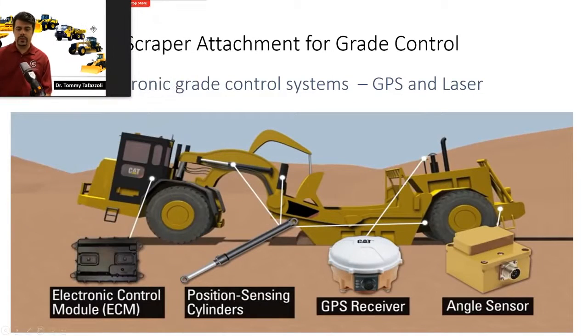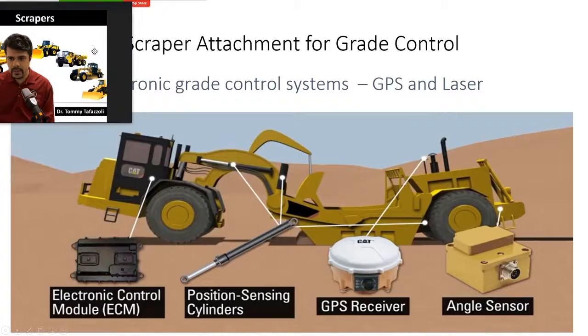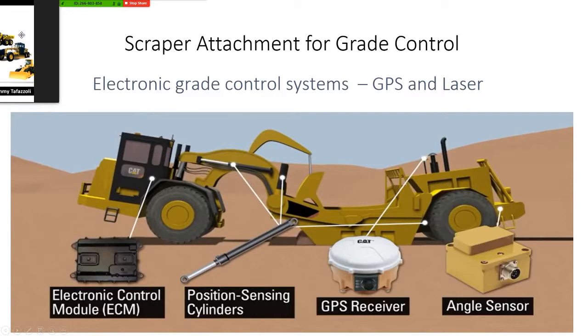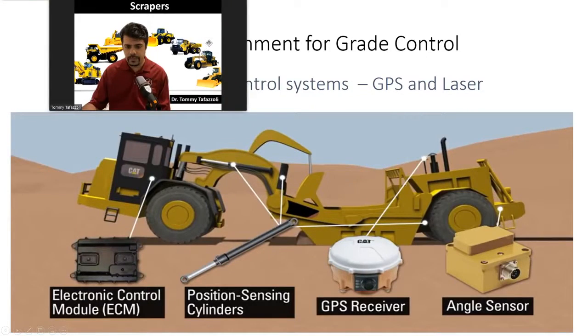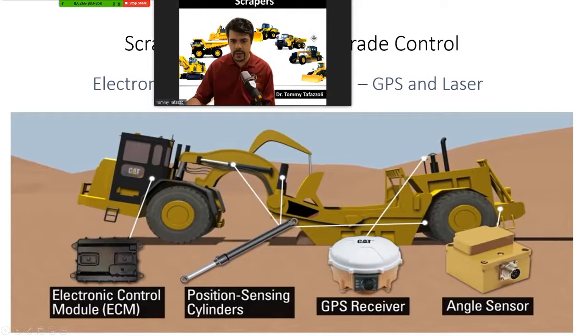So, the attachments for grade control. You can use GPS systems, which consist of these parts: electronic control, which is in the cabin, then the position sensing cylinder, and the GPS receiver.